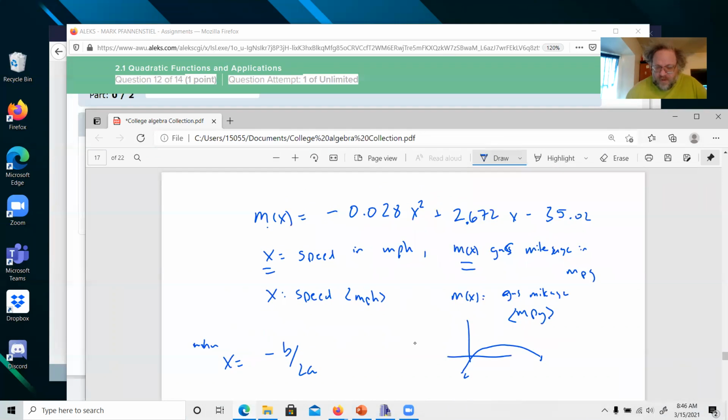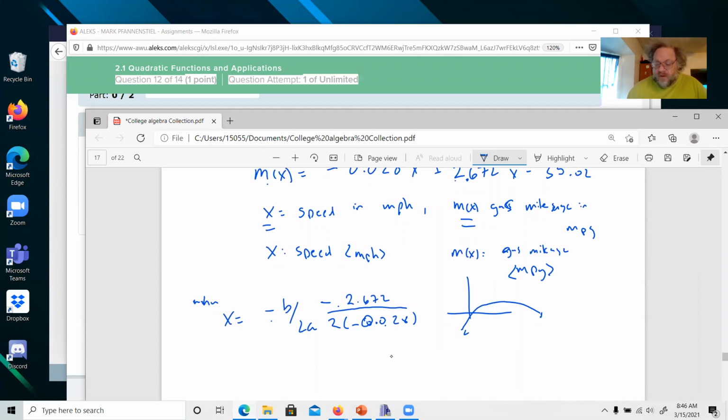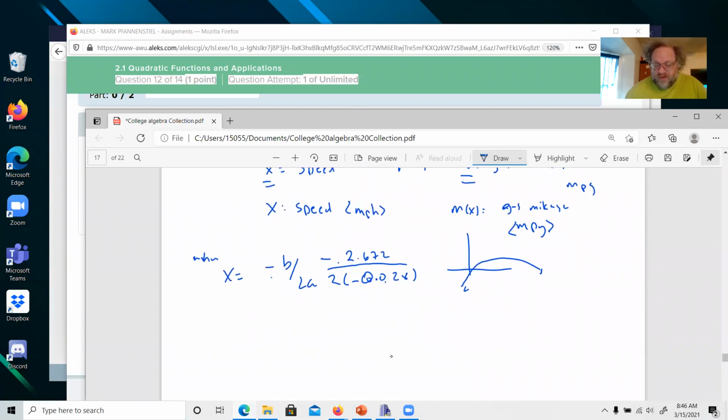We have 2.672 divided by twice negative 0.028. We put this negative in here because of the negative b, and then 2a has a negative as well. We have two negative signs, so we're going to cancel those out. This is going to be a positive value.